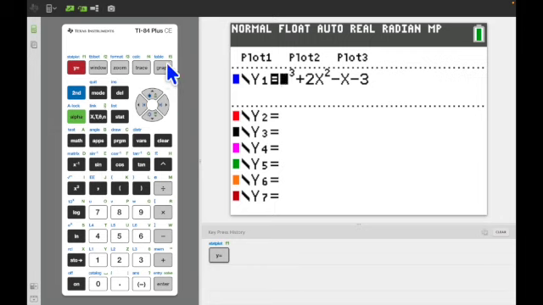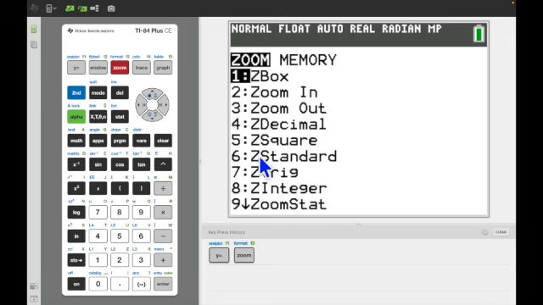So if I just want to go straight to the graph, I would hit graph. Now I haven't graphed on my graphing calculator in a while, so I don't know if I've messed with the window and made it different sizes. And so if I haven't graphed in a while, a lot of times what I'll start with is I'll hit zoom, and then that number 6 option, zoom standard.